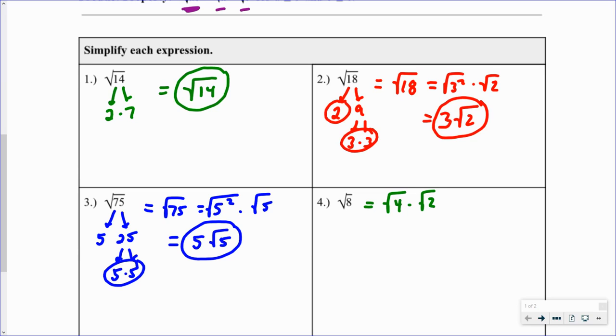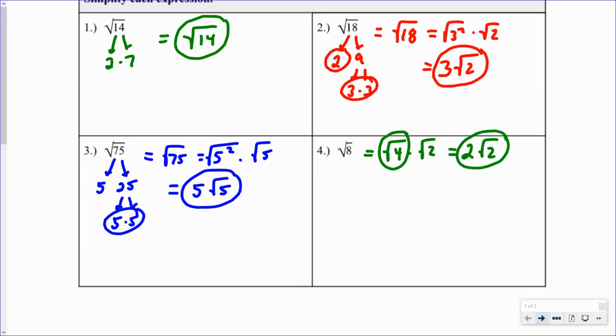So if we multiply the square root of 4 times the square root of 2, we get the square root of 8. Now, the square root of 4 is 2. The square root of 2 cannot be reduced any further, so we can rewrite the square root of 8 as 2 times the square root of 2. So again, we're trying to remove any perfect square factors that we can find from underneath those square roots in order to simplify them as far as we can.